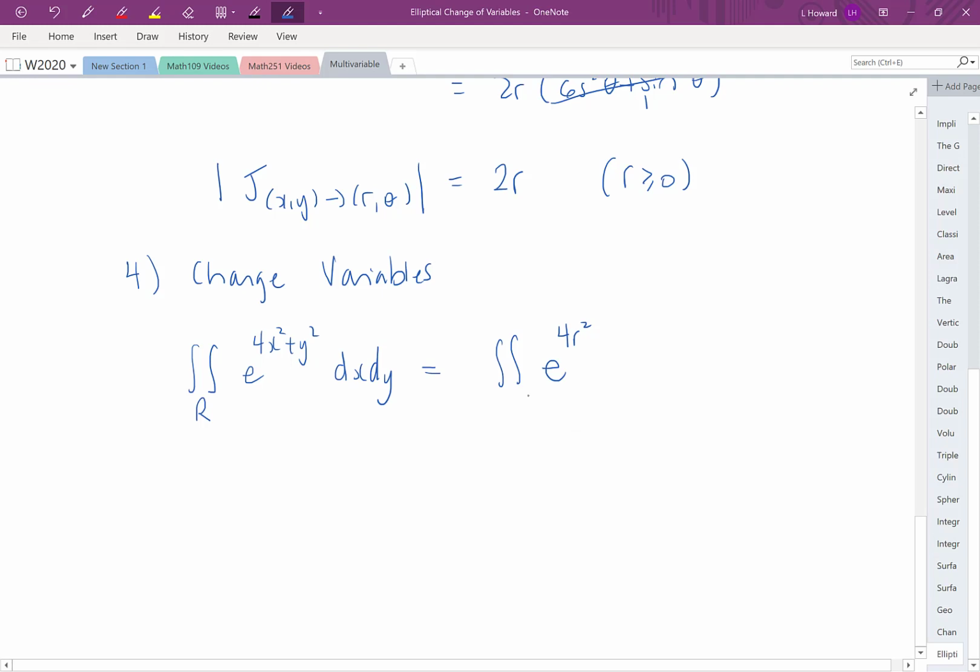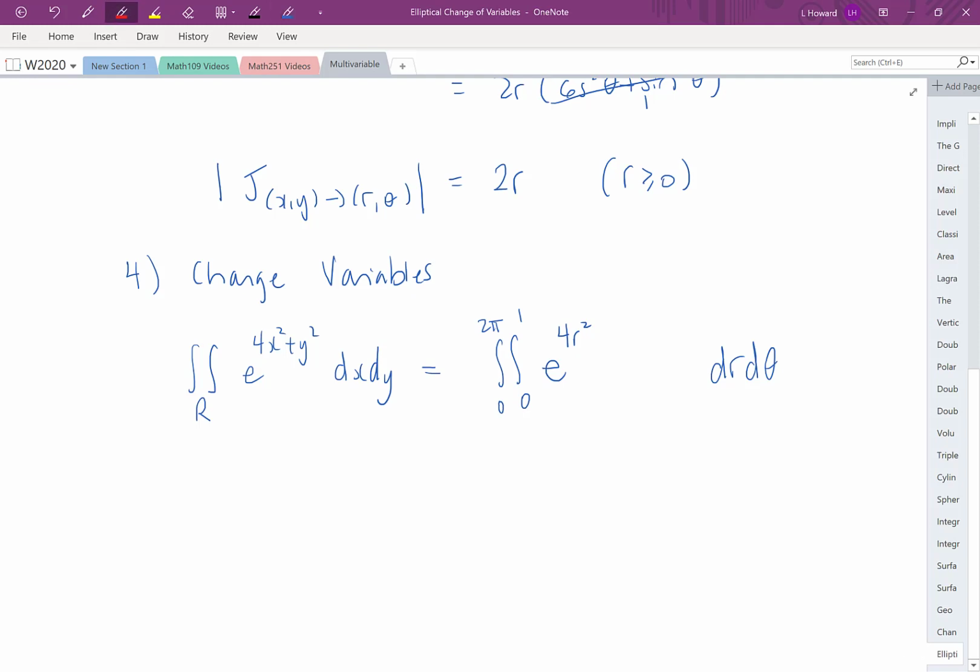We decided in the first step what the range of values or the limits of integration would be for our new variables. So let's make sure to put our dr and d theta on there, and then we can say the r values are going to go on the inner integral, theta values on the outside integral. So r is going from 0 to 1, theta is going from 0 to 2 pi. Okay, so that part is done.